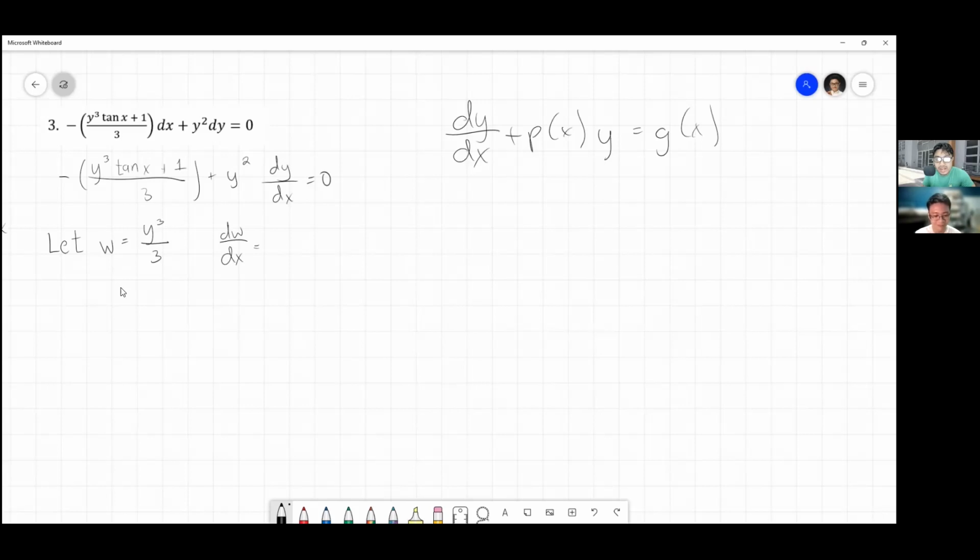So, magiging y squared siya. And then, magmumultiply tayo nung derivative nung function na yan. Chain rule lang. dy over dx.